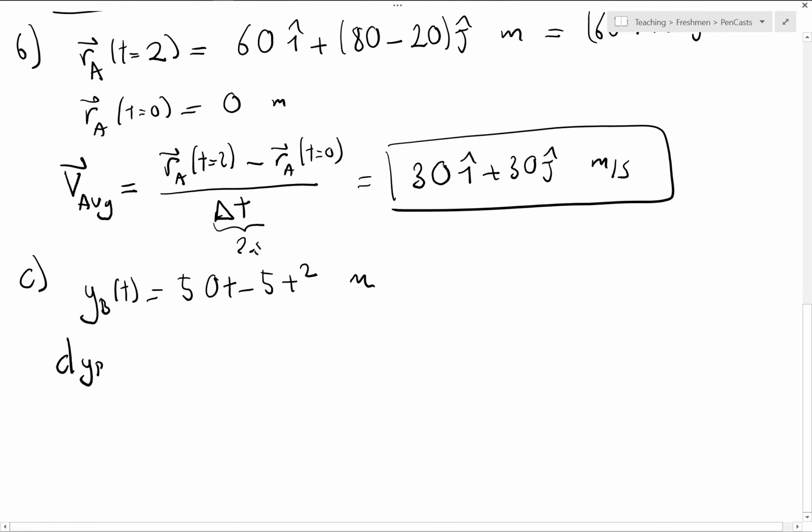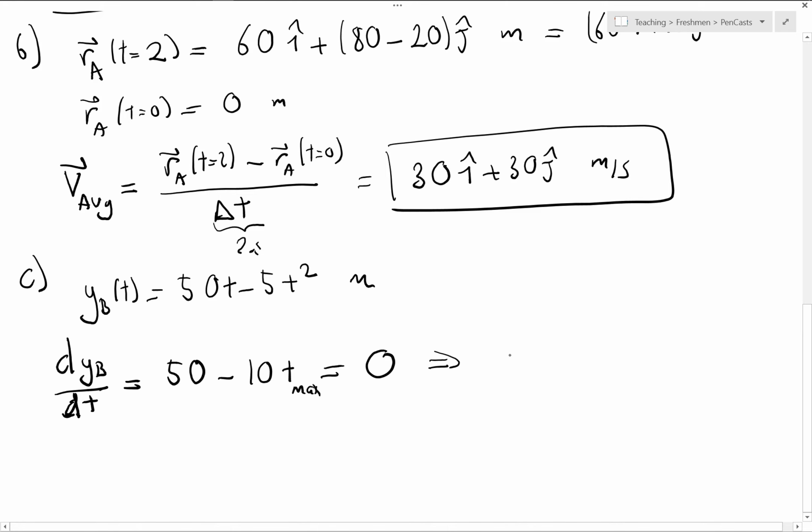I take the derivative with respect to time. The first term gives me just the constant, the second term gives me 2t times 5, so minus 10t, and if I equate this to 0, I find the time at which this function is maximum.